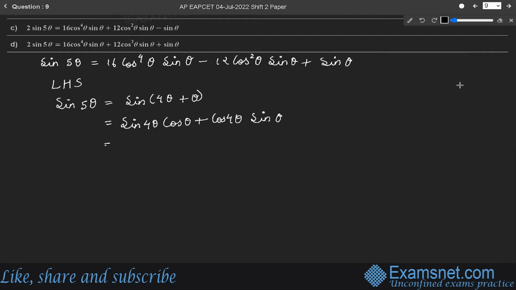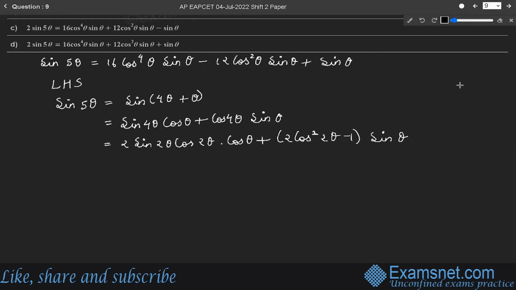So sine 4 theta will be equal to 2 sine 2 theta into cos 2 theta, into again cos theta, plus cos 4 theta can be written as 2 cos square 2 theta minus 1 into sine theta. We know that cos 2 theta is equal to 2 cos square theta minus 1, so cos 4 theta will be equal to 2 cos square 2 theta minus 1, and into sine theta is present.